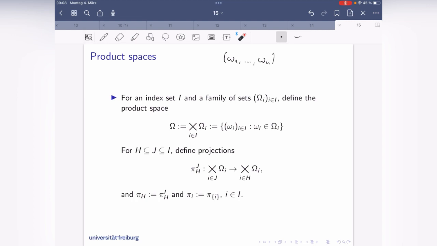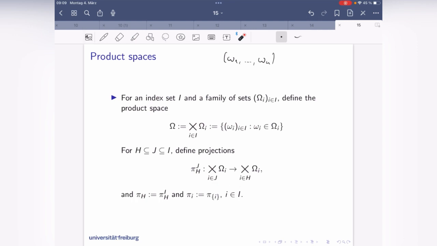And every time you have such a product space, you can have projections. For example, I could project this vector here down to the first component. So that would be the map which maps this one here to omega 1. And more generally, if you have the full index set, a subset of it, and another subset of that subset here, you have a projection, which means you take vectors indexed with J and you just leave out all entries which are not in H. Then you get this map here, that's a projection.